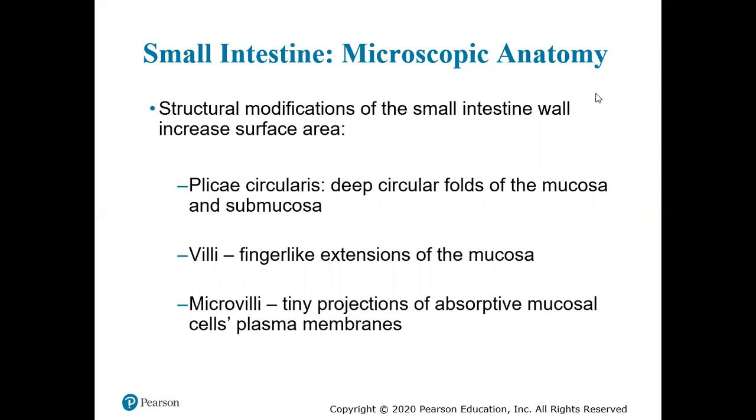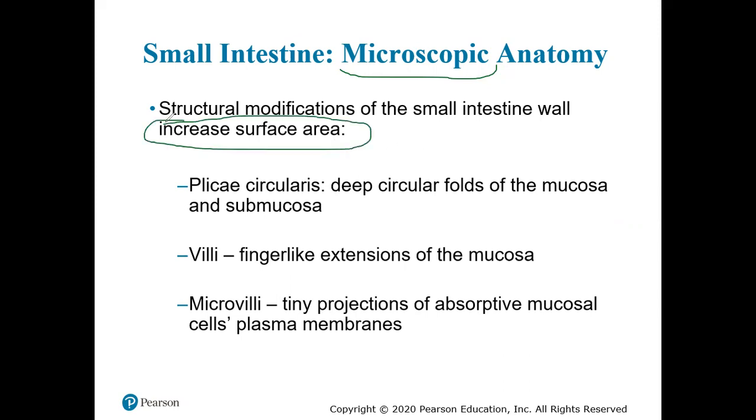The small intestine and the large intestine are both heavily modified for their functions. For the small intestine, those modifications tend to occur more on the microscopic level. So there are a lot of modifications made to the small intestinal epithelial cells and their arrangement.